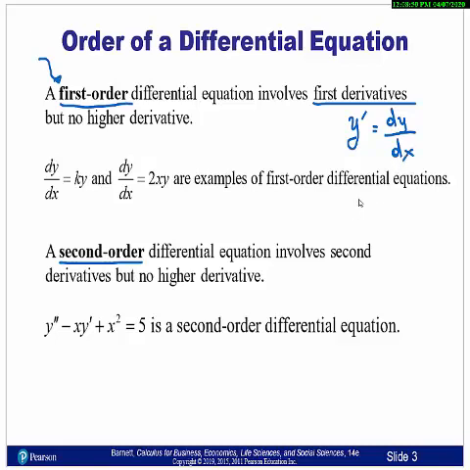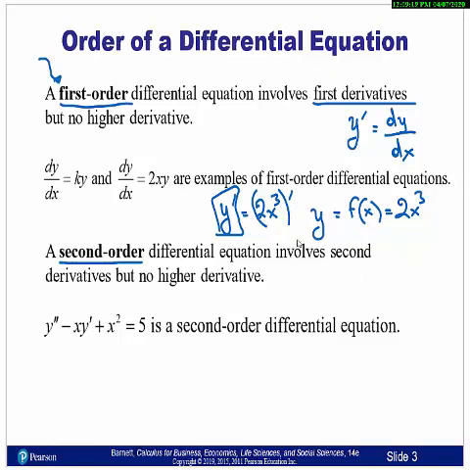If you have the function, let's say f of x, something simple like 2x to the third, and you consider f of x to be equal to y, then y prime, the derivative of 2x to the third, is going to be equal to 6x squared.